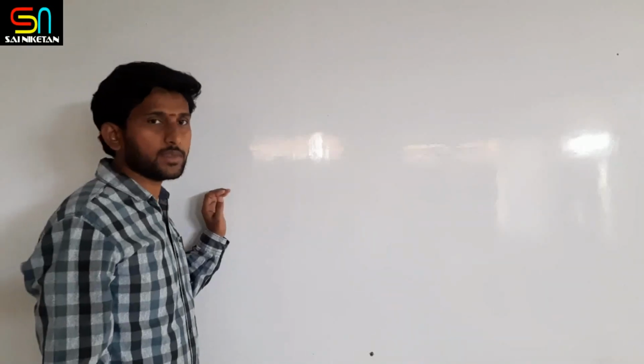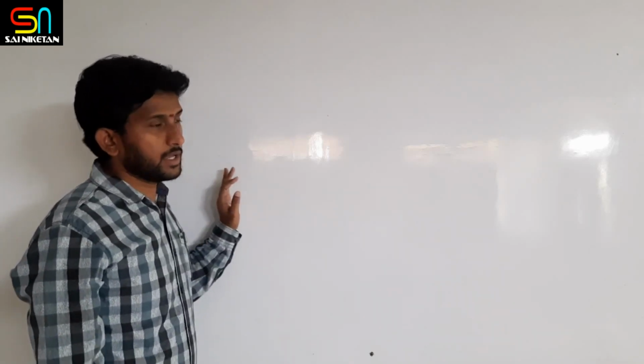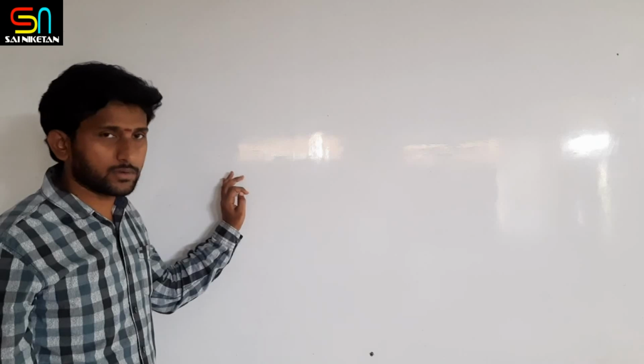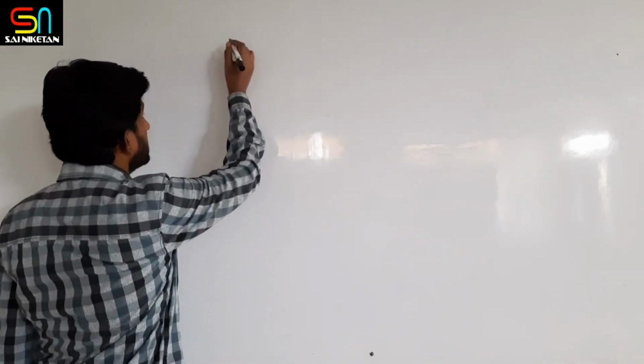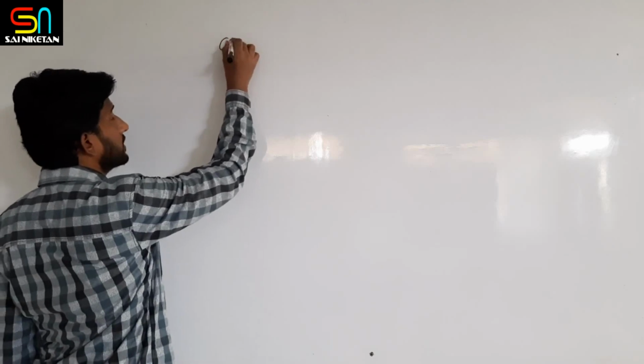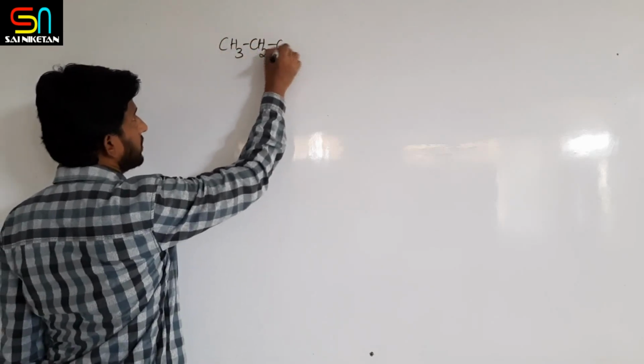Okay. Now we have seen the elimination reaction and Saytzeff rule, right? Now one example we have studied, that is ethyl chloride.